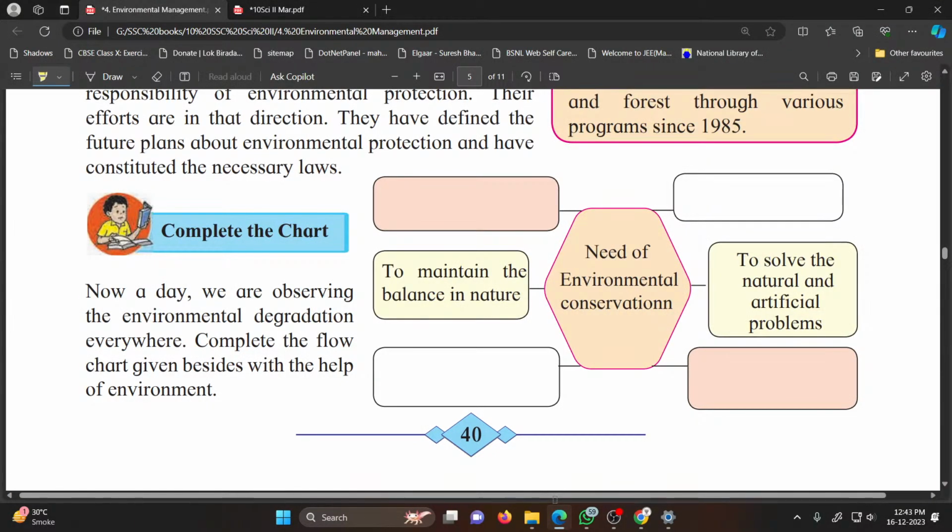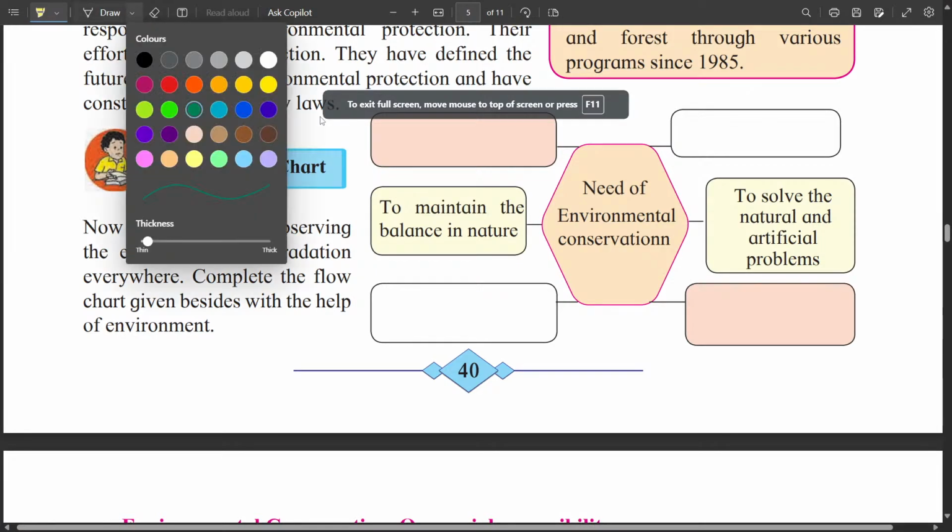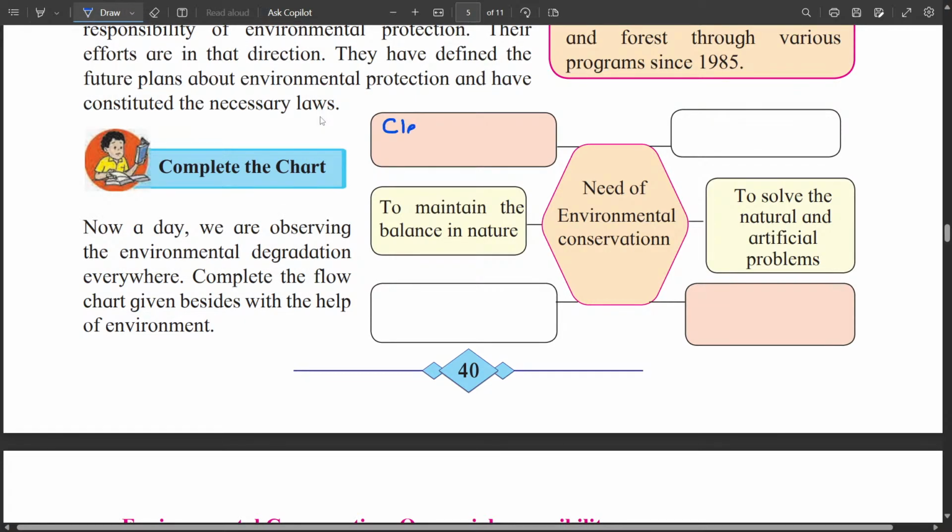Need of environmental conservation. Why do we need to conserve the environment? To have clean air, water and land.